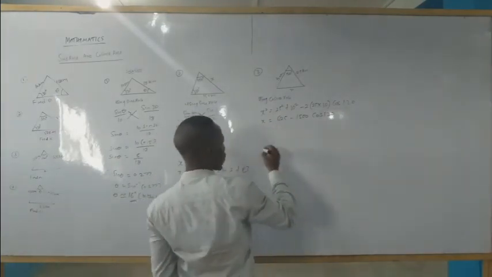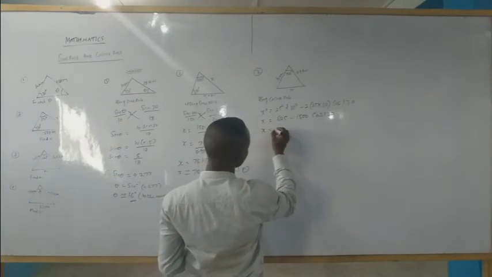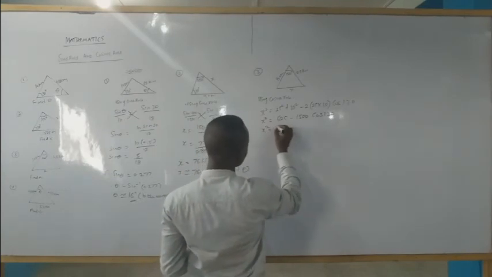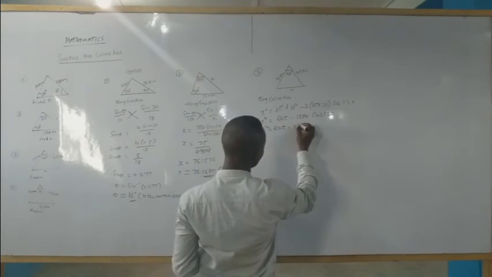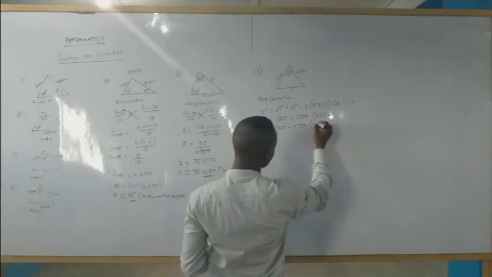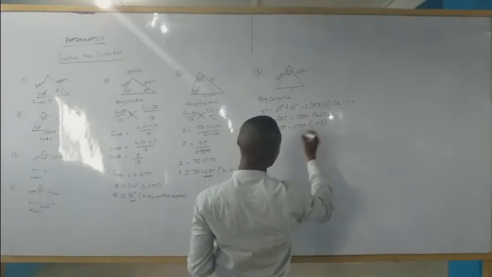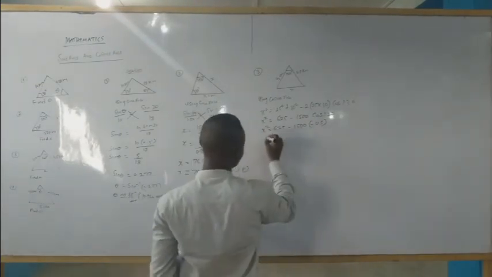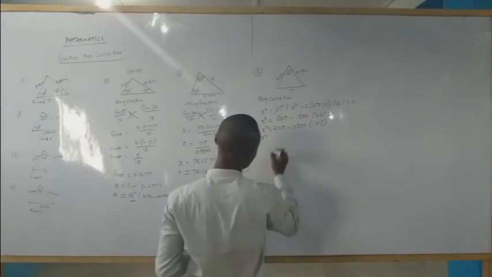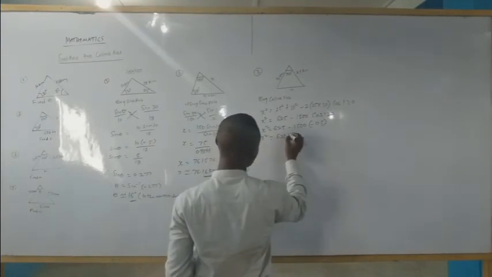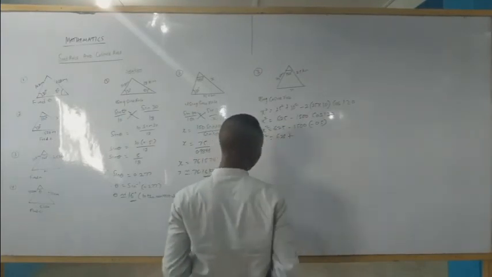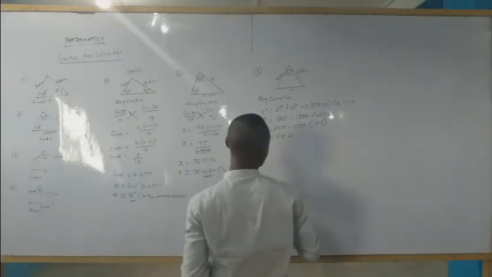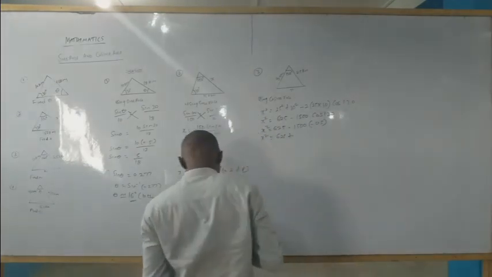So s squared is equal to 625 minus 1500 times negative 0.5. Minus times minus is plus. Dividing this by 2, we have 750.